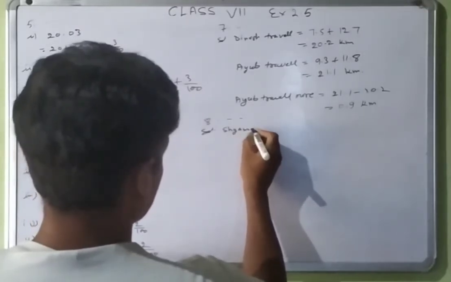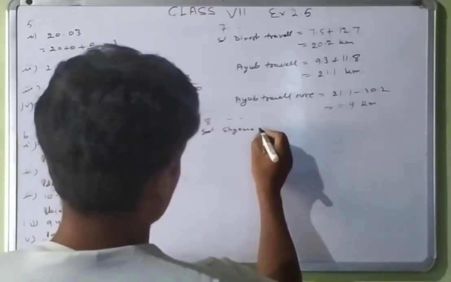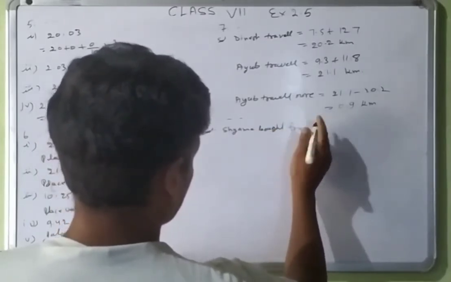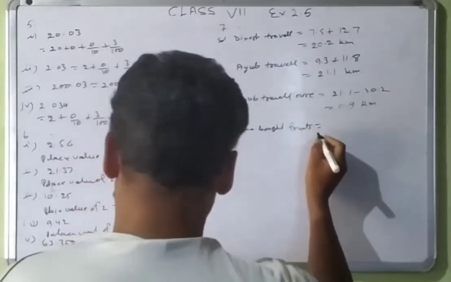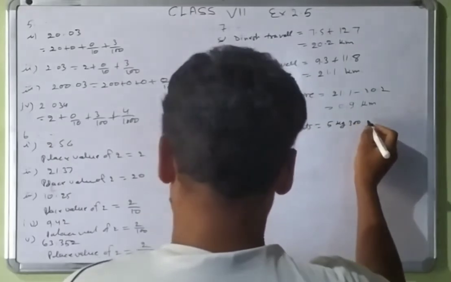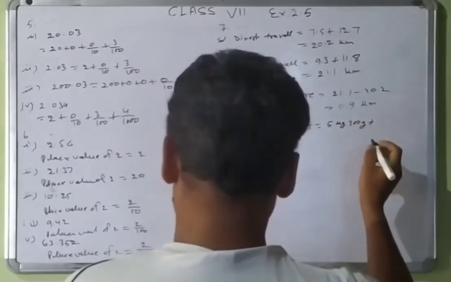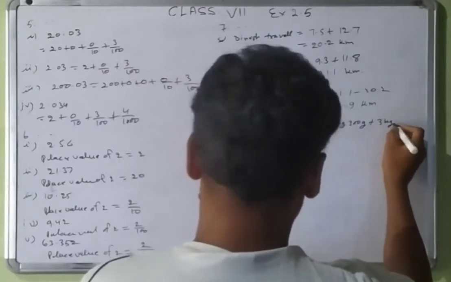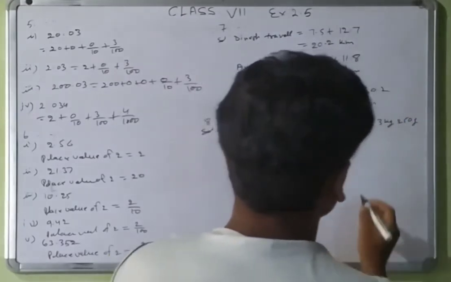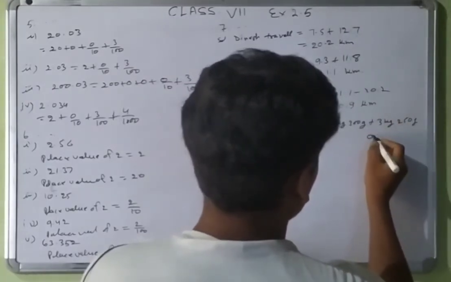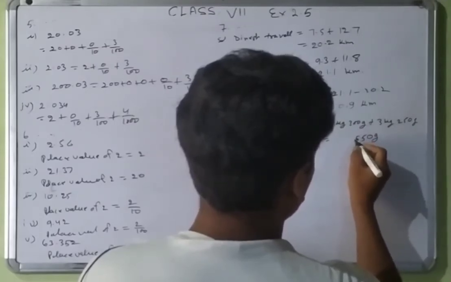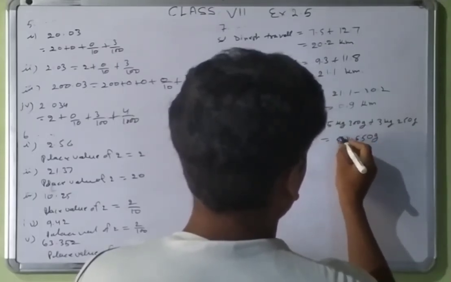Syama bought fruit equal to 5 kg 300 gram plus 3 kg 250 gram. So that will be 0, 0, 5, 2, 5, 3, 5, and then kg 5, 3, 8.